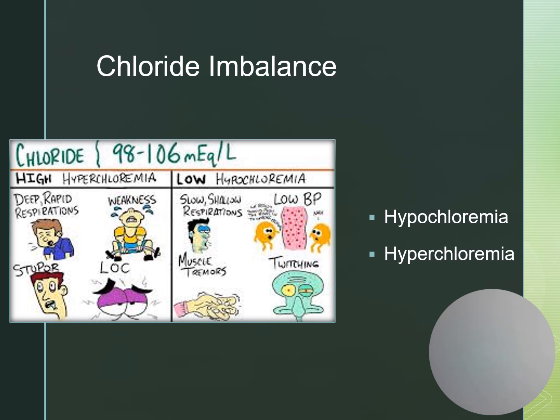Hypochloremia is caused by vomiting and uncontrolled diabetes. Symptoms include a slow, shallow respiration, hypotension, muscle tremors, and twitching. Hyperchloremia is that high serum chloride, and it's usually associated with metabolic acidosis. Symptoms include a deep, rapid respiration, weakness, and/or a change in the level of consciousness.